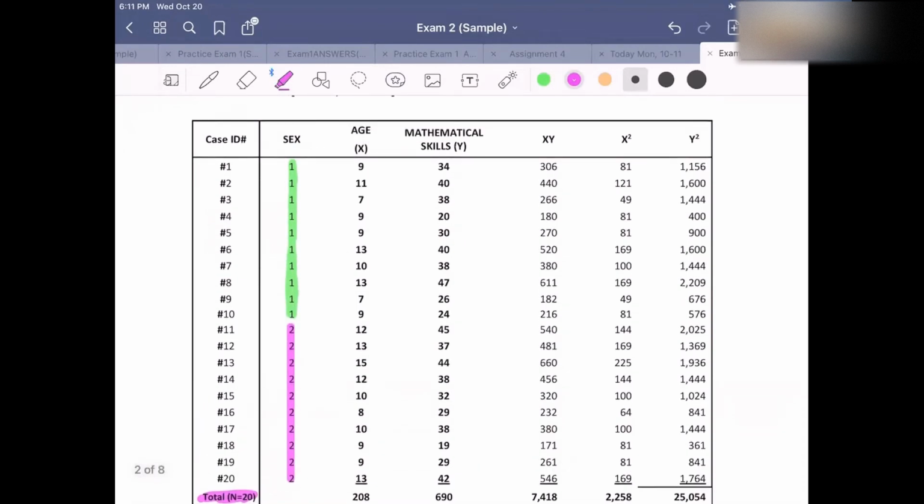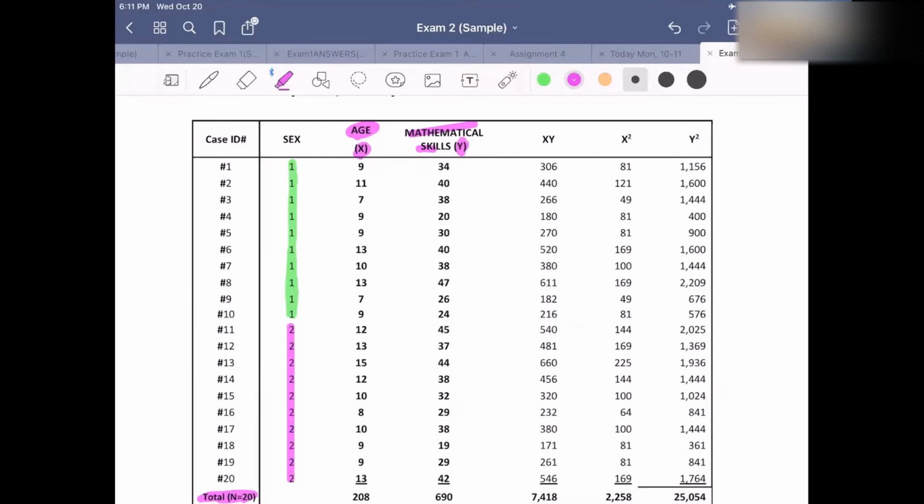And they also gave you the ages of those people, and the age is the X variable. And then the mathematical skills scores of those people is the Y variable, okay?